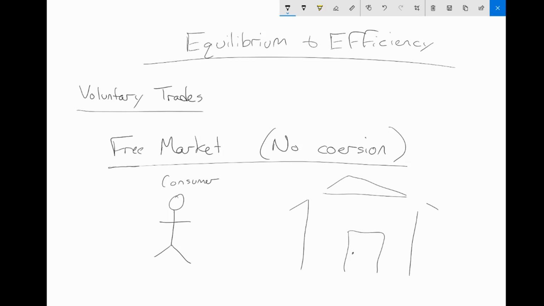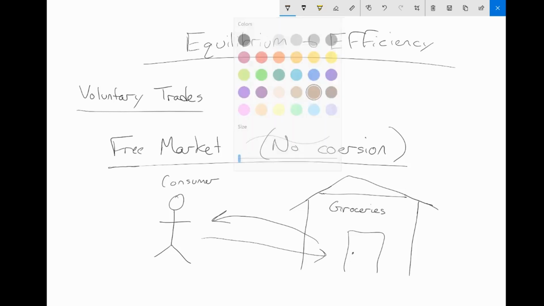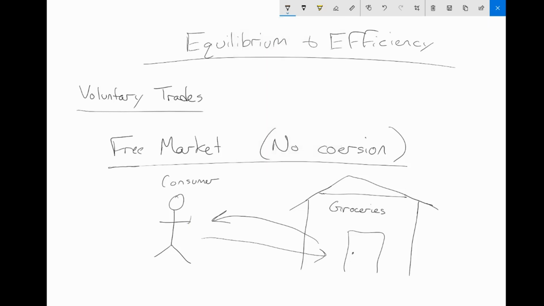All right, let's just go back to my old example. So this is a grocery store. The consumer can go into the grocery store and they can come back out with a loaf of bread. All right, so this is bread and it's in a bag. Let's say it's just a loaf of bread.